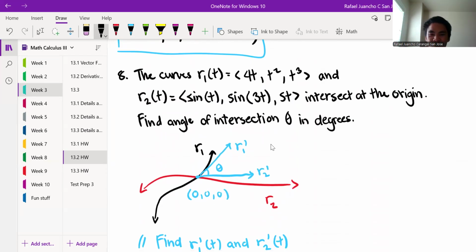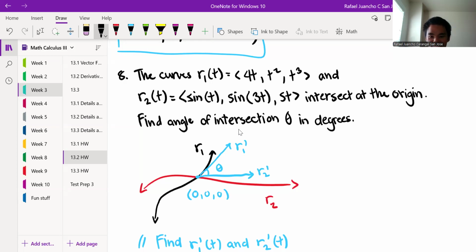So I don't know if there's a quicker way. But basically, if I make them 0, they should work. I'm going to guess it's the initial one. Yeah, because they intersect at the origin. So if we do 0, 0 here, 0, 0 here, 0, 0 here, it's going to work, because sine of 0 is 0.